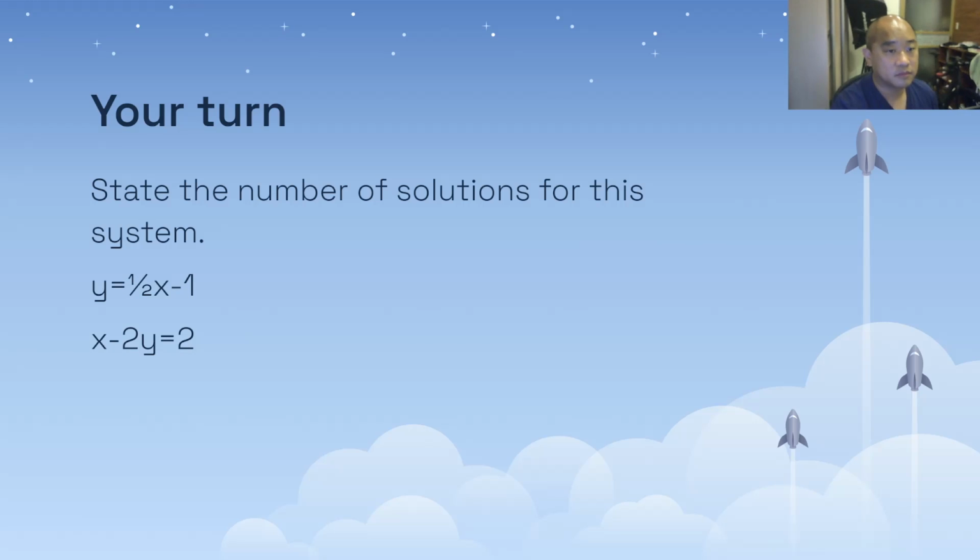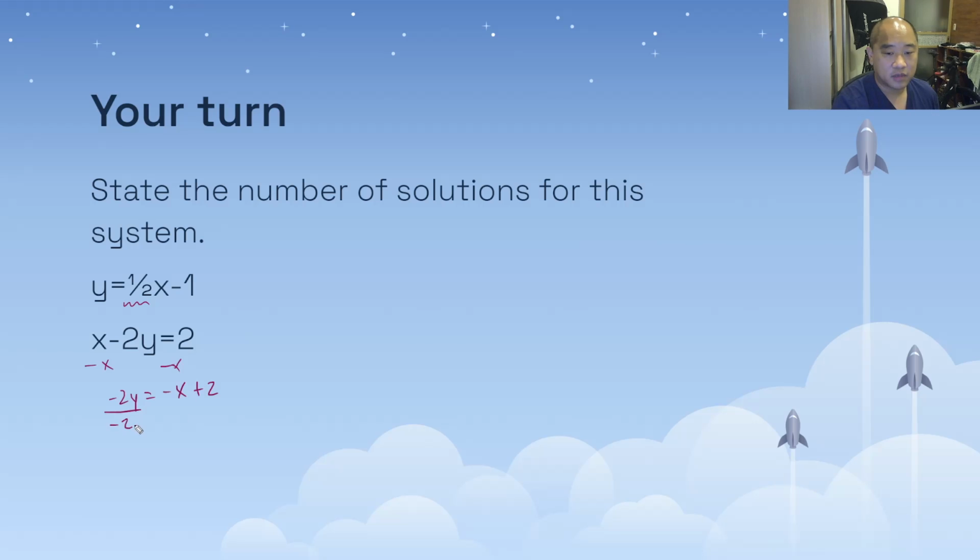Your turn. All right, so here you see the slope is 1/2. We're going to subtract x on both sides, and that will give us -2y equals -x plus 2.